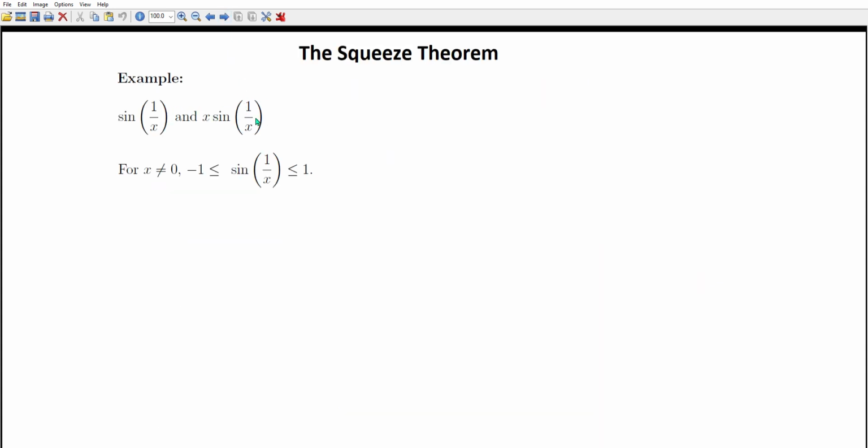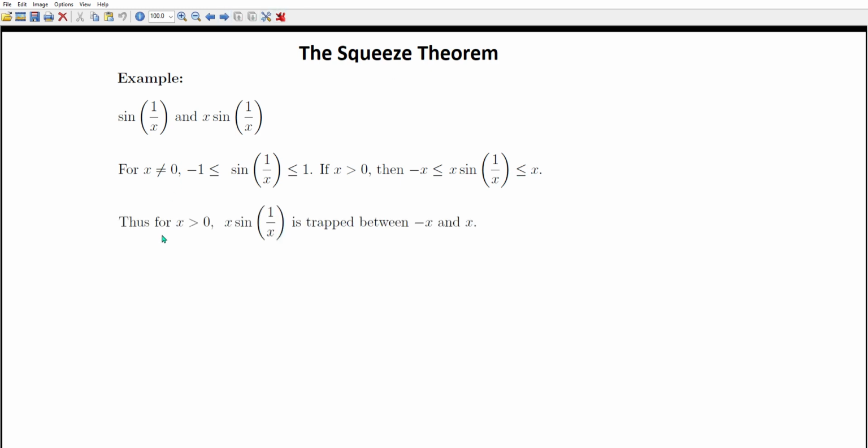Now we're going to look at x sine 1 over x. As we remarked, the sine function is always between plus 1 and minus 1. If x is bigger than 0, you can multiply everything by it and not change the sense of the inequality, and you get minus x less than or equal to x sine 1 over x less than or equal to x.